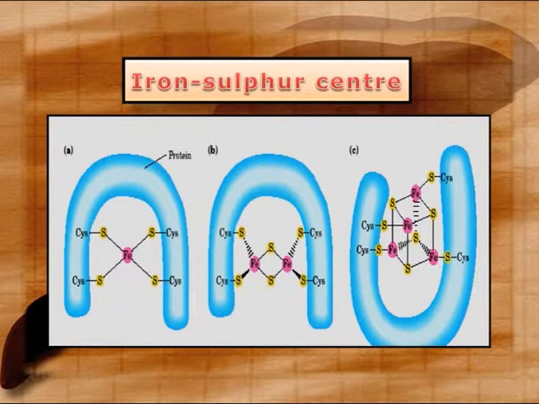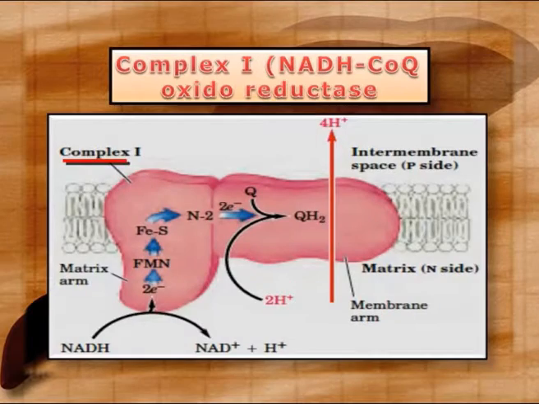These cofactors help in the transportation of electrons through the complexes. Now complex 1, the first complex of the electron transport chain, is called NADH coenzyme Q oxidoreductase. It is a large enzyme complex composed of 42 different protein subunits, and it has the flavin mononucleotide dependent enzyme NADH dehydrogenase and at least 6 iron sulfur centers.